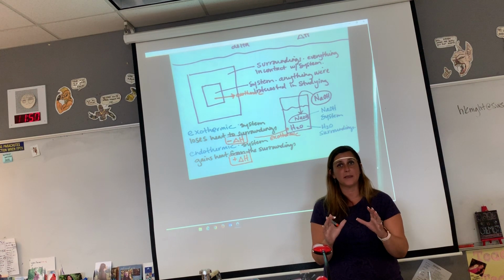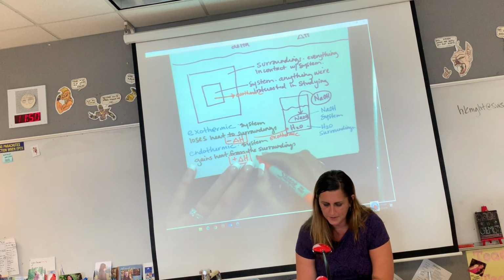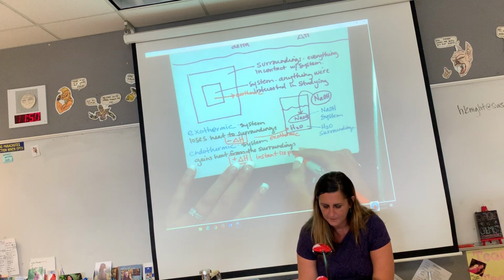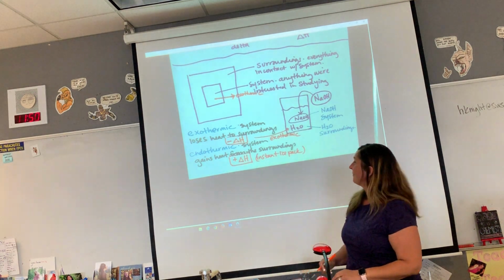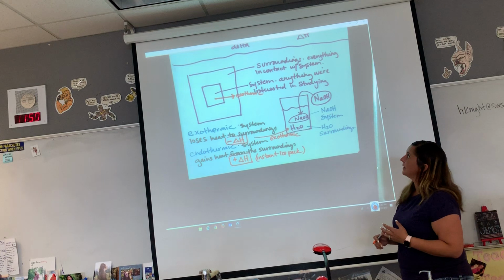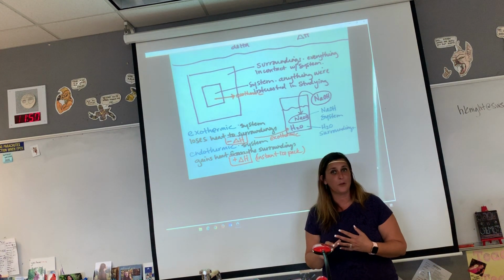And when we put our hands up to it, then it feels cool. Okay, so we could say instant ice pack here as our example. So we have this concept of surroundings and system, exothermic and endothermic.